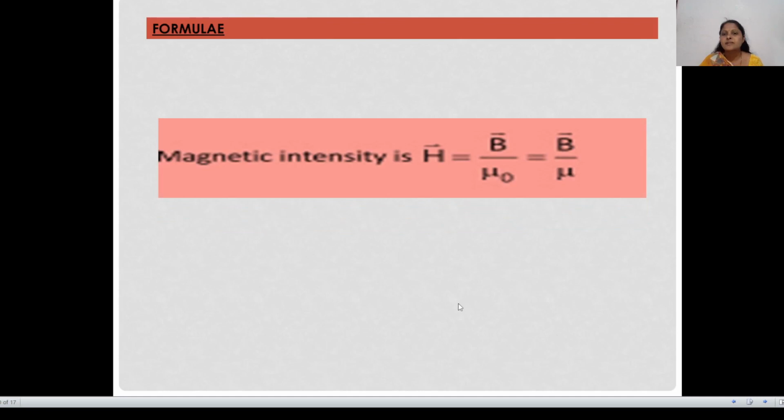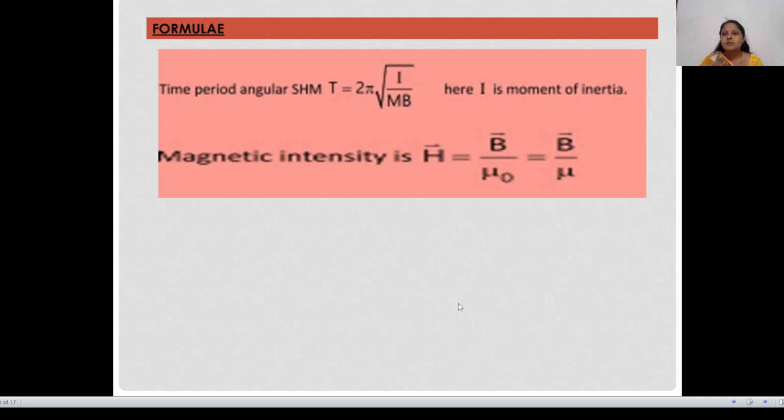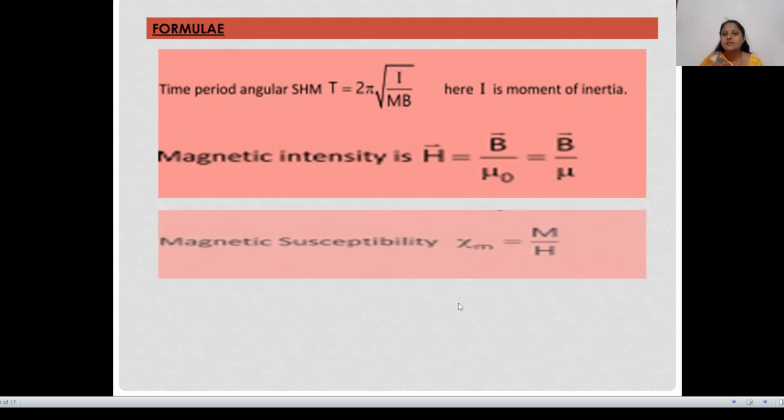Magnetic intensity H is equal to B by mu 0, which is equal to B by mu. Time period of angular SHM, T is equal to 2 pi square root of I by mB, where I is the moment of inertia.